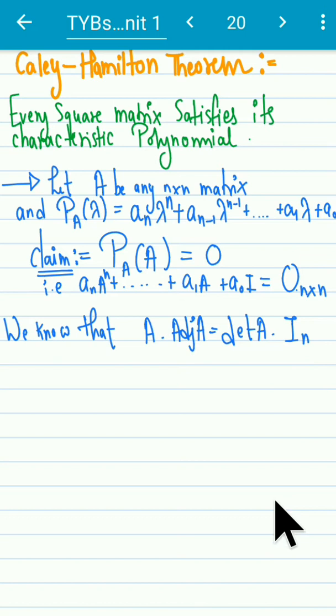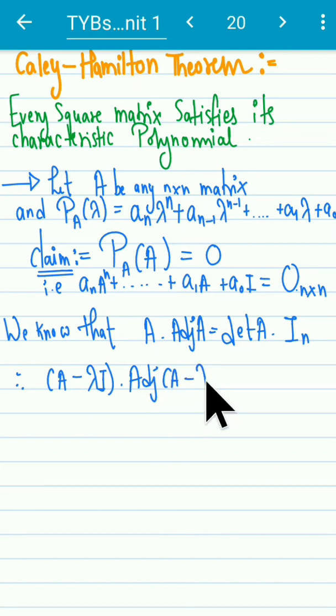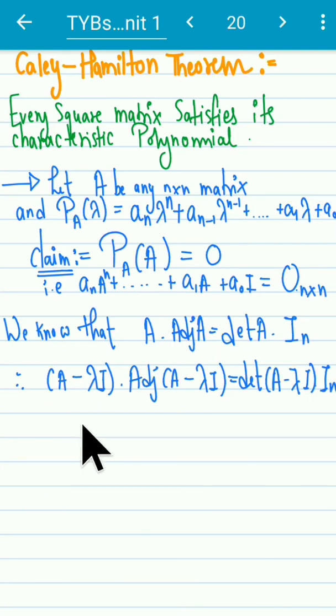Therefore, in place of A, I am writing A minus lambda I. I am replacing A by A minus lambda I. What I get is A minus lambda I into adjoint of A minus lambda I is equal to determinant of A minus lambda I times the identity matrix. Why am I interested in this? Because I know the determinant of A minus lambda I is nothing but my characteristic polynomial, and I want to work on the characteristic polynomial, hence I'm writing this.